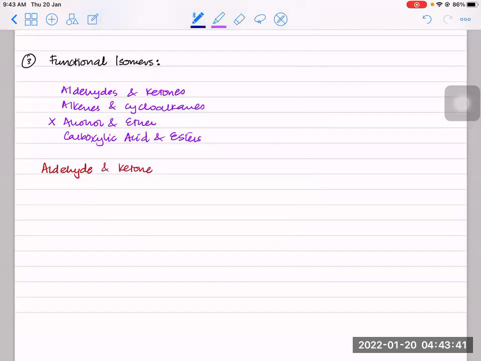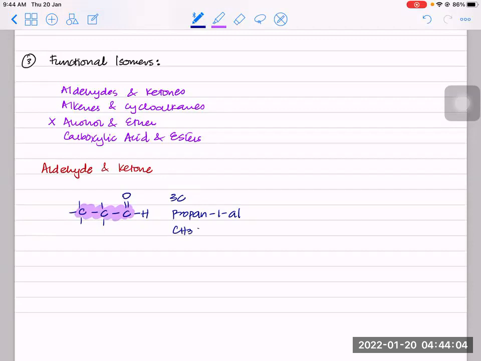So you have a 3-carbon aldehyde. Right here, main chain has how many carbons? 3. So you have a 3-carbon aldehyde. And this is what? Propan-1-al. Propanal. What is the structural formula?